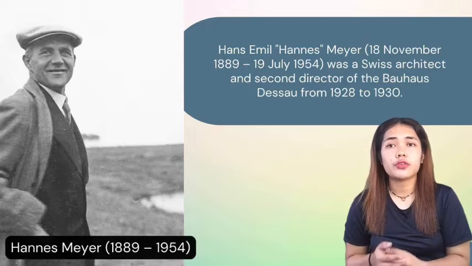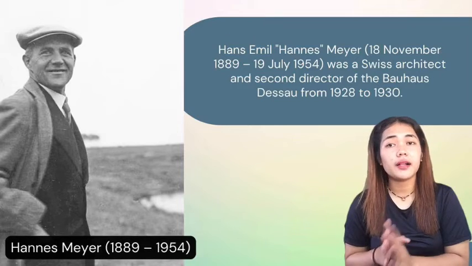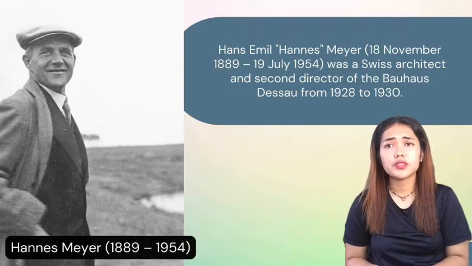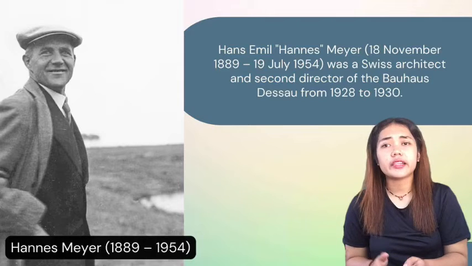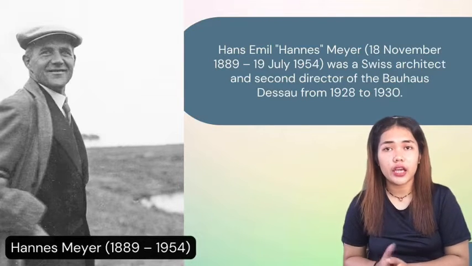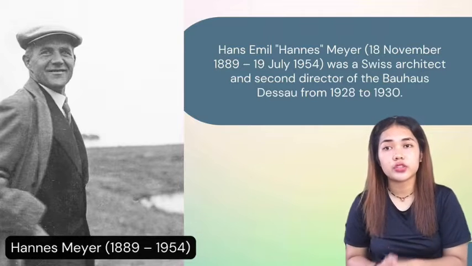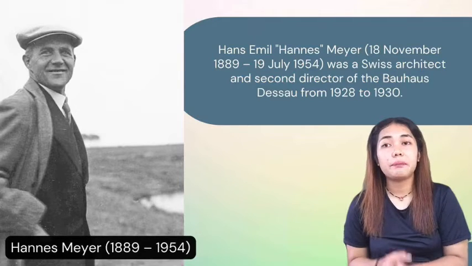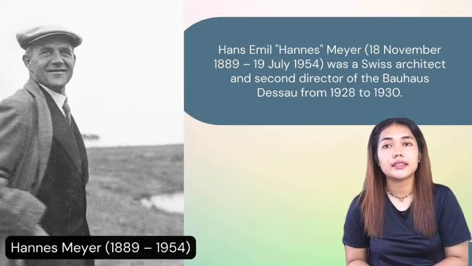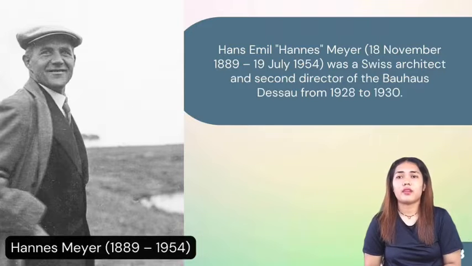Meyer introduced his revolutionary formalist philosophy, a theory that architecture was an organizing effort unrelated to aesthetics and that structure should be low-cost and built to meet societal demands. He was fired because he reportedly politicized the institution.